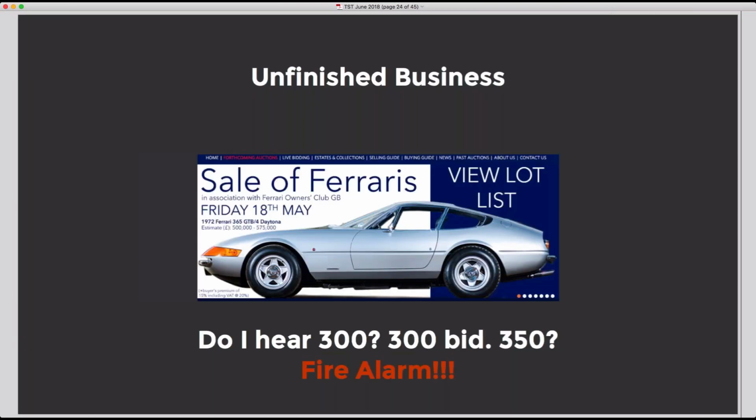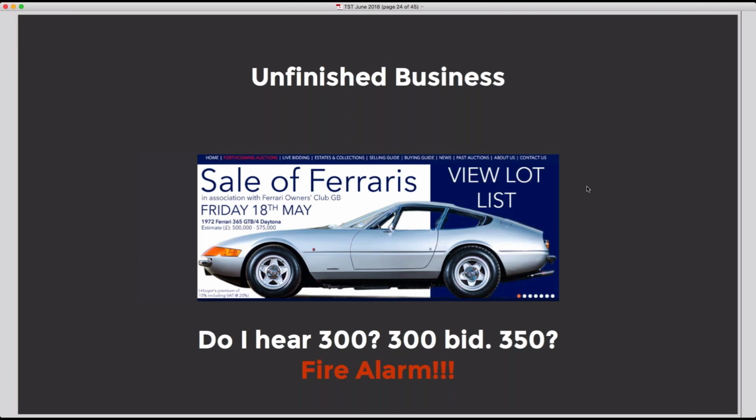The final concept, which I'm going to go through, is a concept called unfinished business. Now, let's imagine that we're at the Ferrari auction and the auctioneer is going to hear 300 bids, 350, and a fire alarm goes off and we have to evacuate the room. It turned out to be a false alarm. So what happens? We don't all go home.